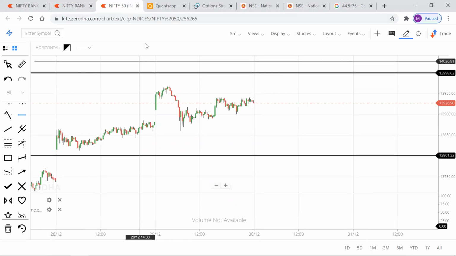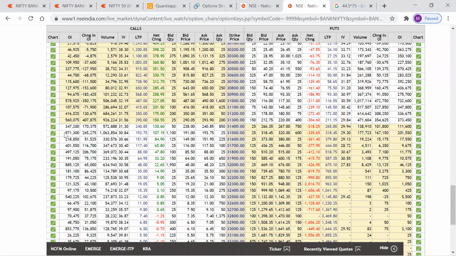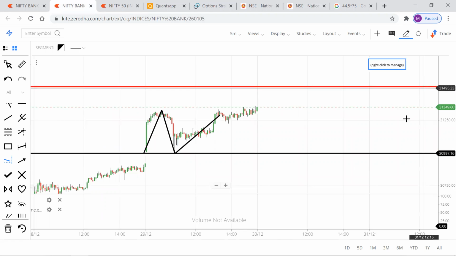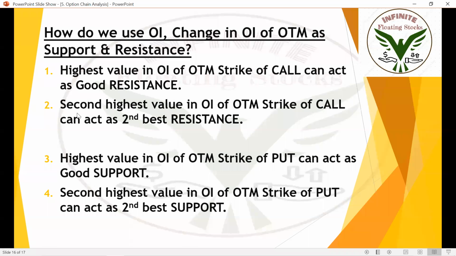Let's go to the table. See, the highest value, 9,71,300, in the OTM strike of call can act as resistance. What's that strike? 31,500. So that is acting as resistance. Similarly, highest value in OI of OTM strike of put can act as good support.